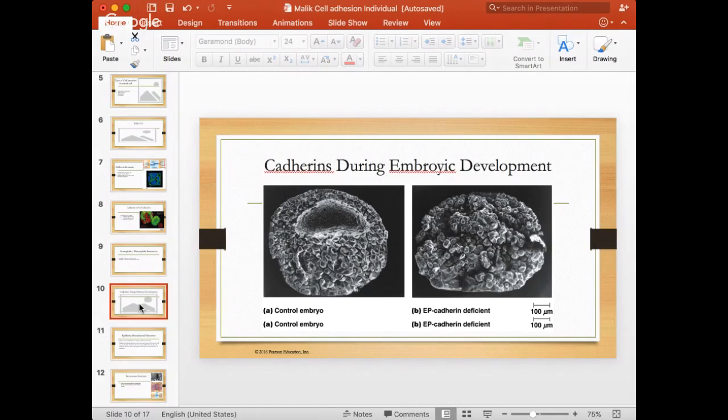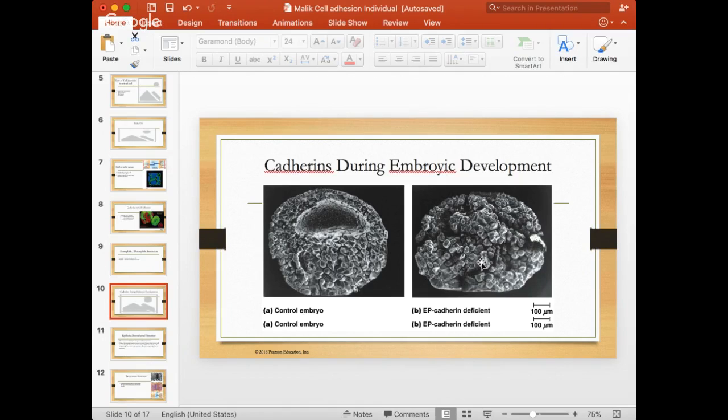What I mean by that is you see in this figure that these cadherins are tightly regulated, and these cadherins on this side are deficient or basically loose.